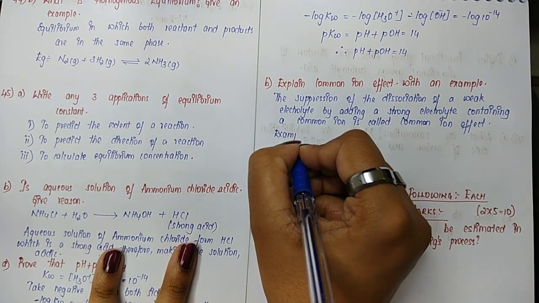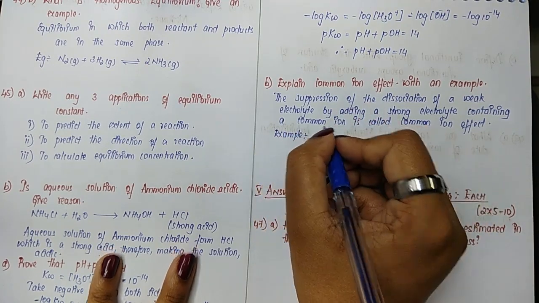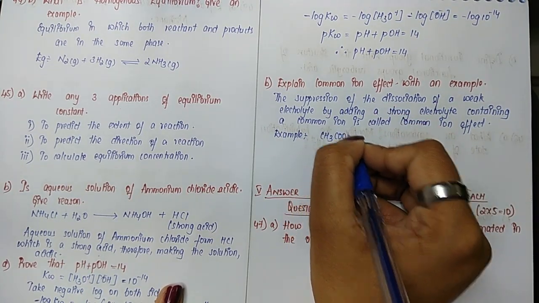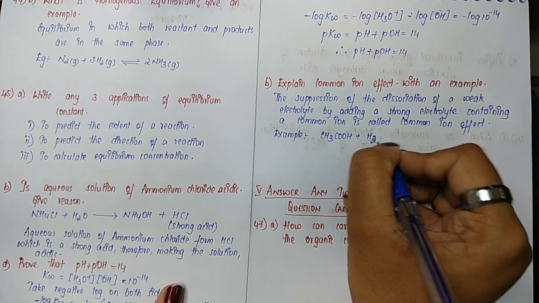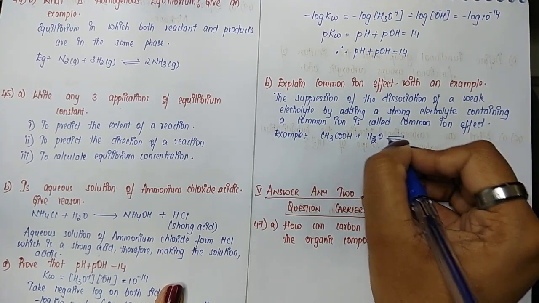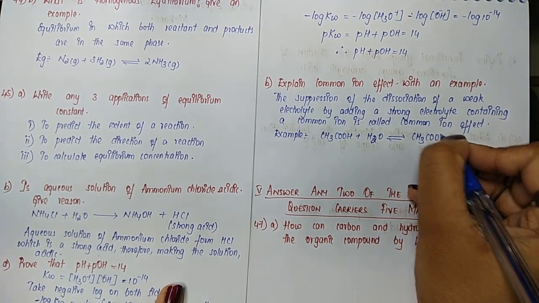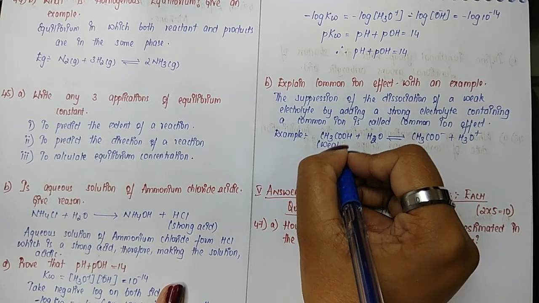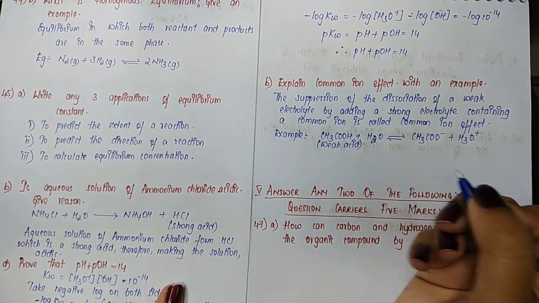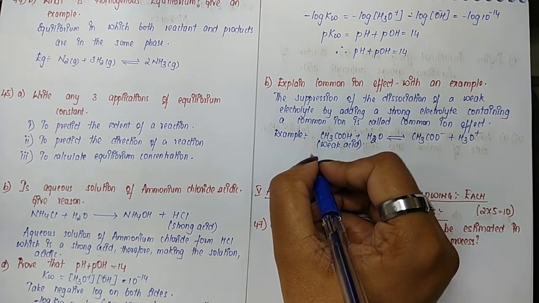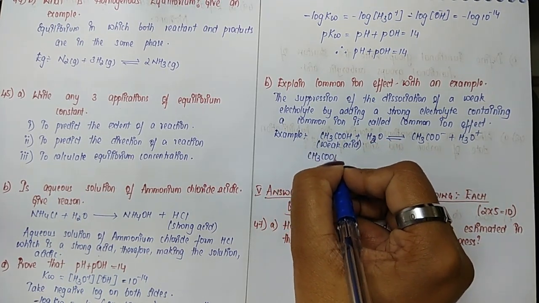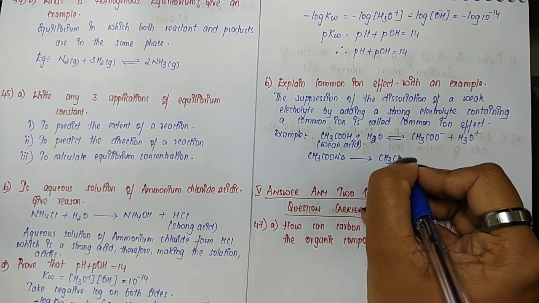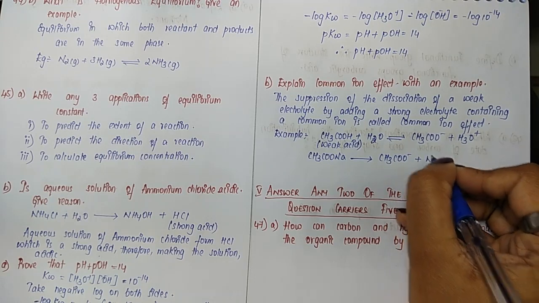Now an example for this: I'm taking acetic acid, which is a weak electrolyte. If I'm trying to dissolve this in water, I will get acetate ion plus H3O+. Now this is a weak acid. Now when I add a strong electrolyte, which is sodium acetate, this will start dissociating as CH3COO- plus Na+.